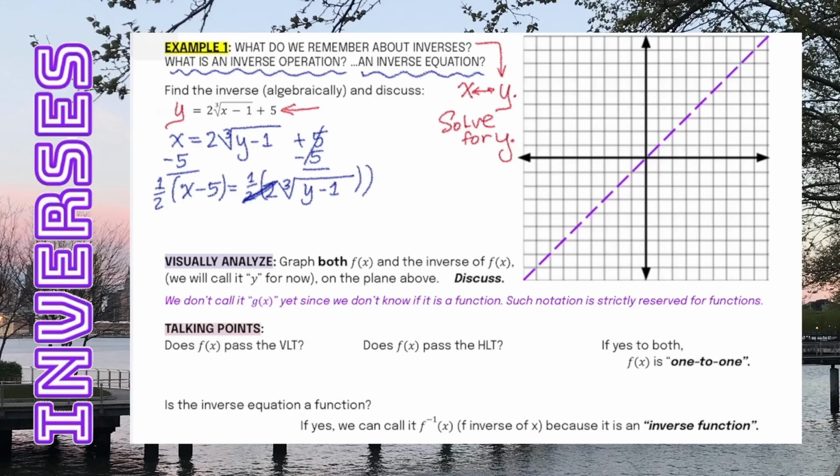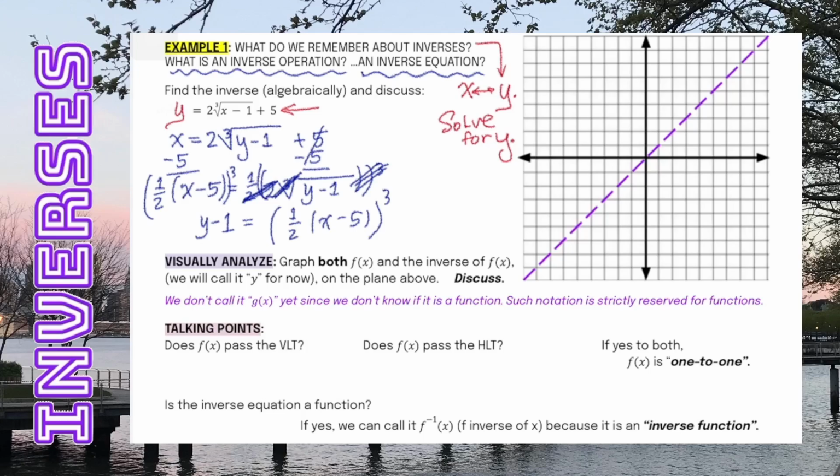After this, I'm going to cube both sides, so it's going to be on the outside of that 1/2. So the cube root and the cube are going to get rid of each other. So I'm just going to rearrange this a bit. That means I have y minus 1 on one side. And then I have 1/2 times the quantity of x minus 5, all raised to the third.